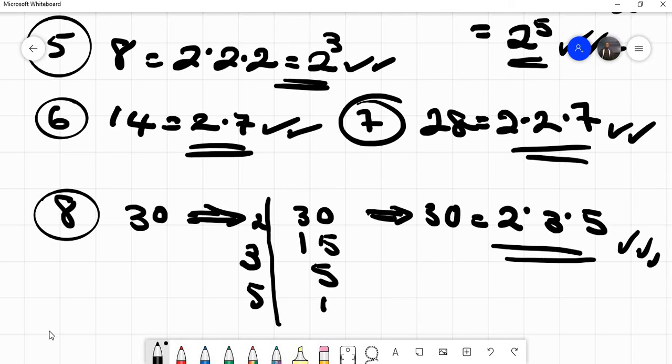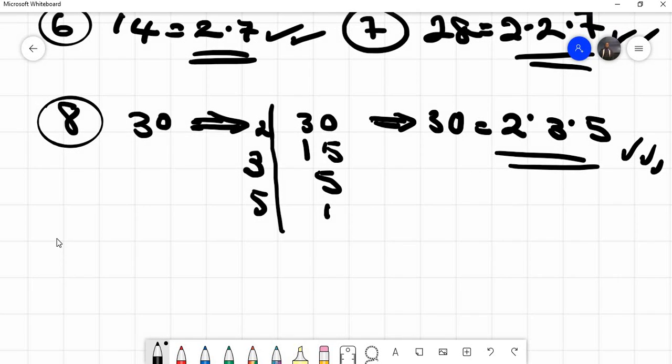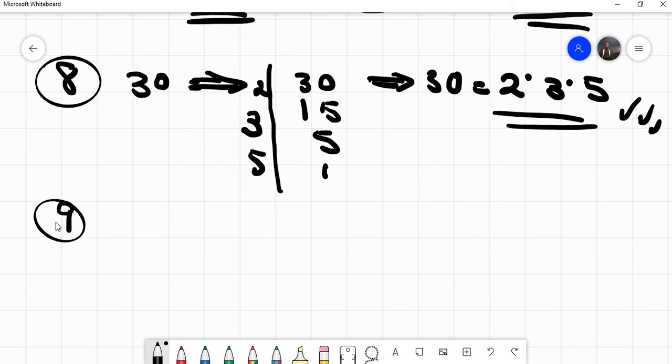And then I'm going to do another example, which is going to be a little bit longer. Example 9, we're given 45. We're going to use long division.